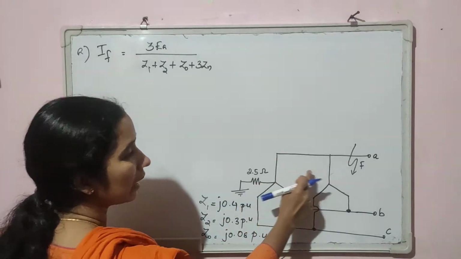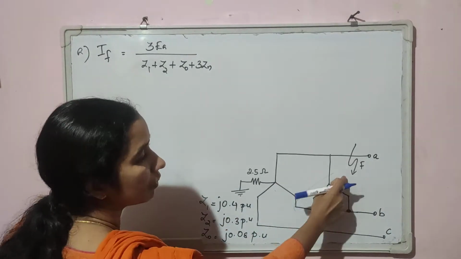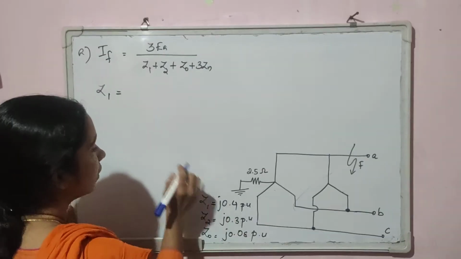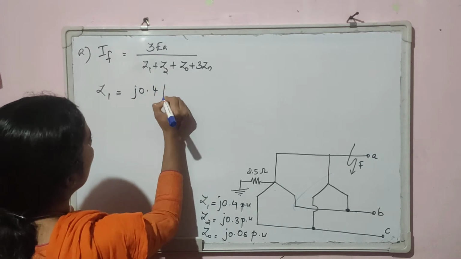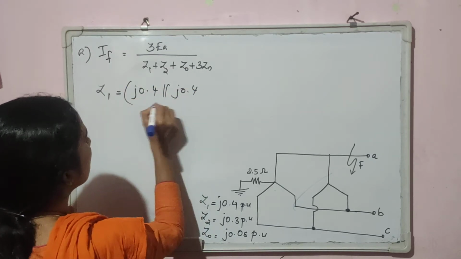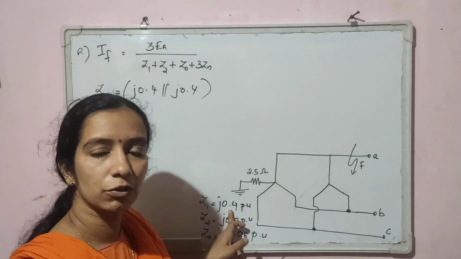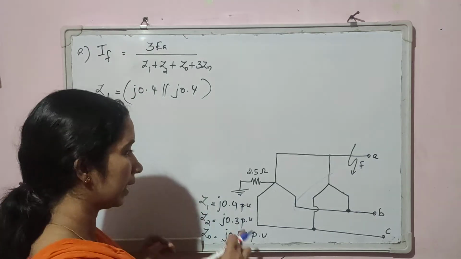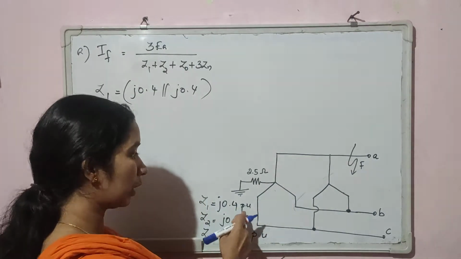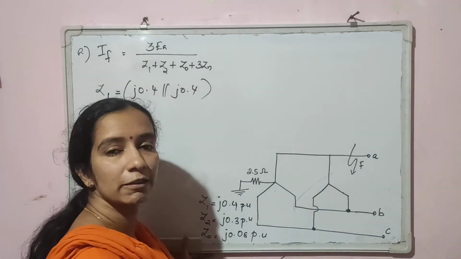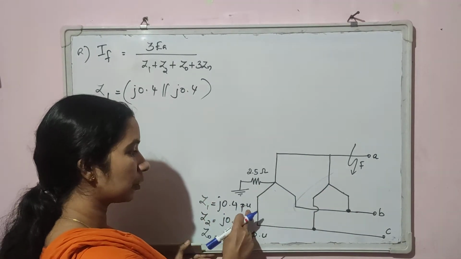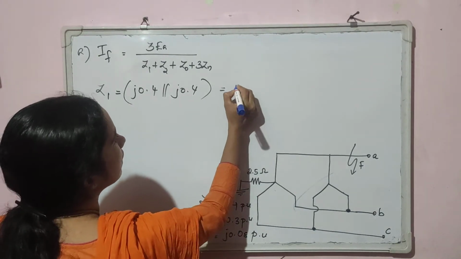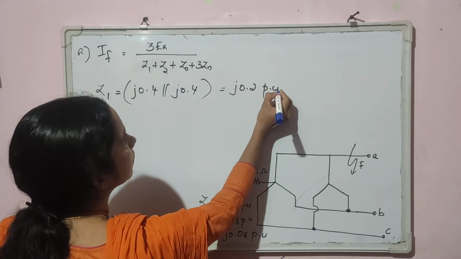So the equivalent positive sequence reactance of this parallel combination, Z1, is j0.4 parallel to j0.4. As these two alternators are in parallel, the total positive sequence reactance will be the equivalent of two 0.4 per unit reactances connected in parallel. So this will be j0.2 per unit.